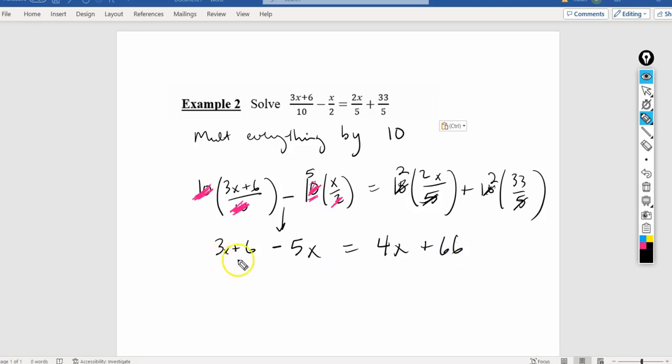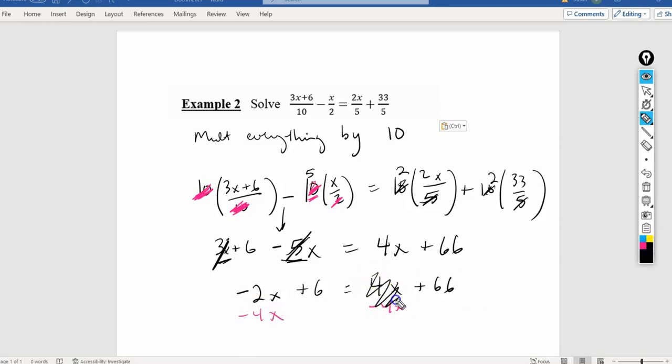Now let's gather like terms over here. 3x minus 5x is negative 2x. Then I have a plus 6. Now if I want to solve for x, it's a good idea to get x on the left-hand side. If I do that, it'll make it negative, but I can sort that out later.